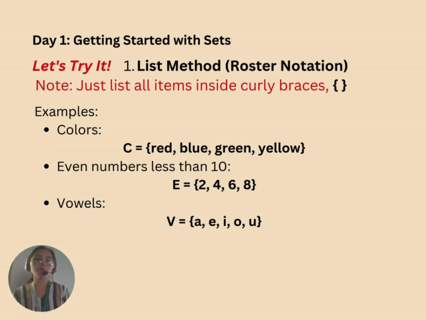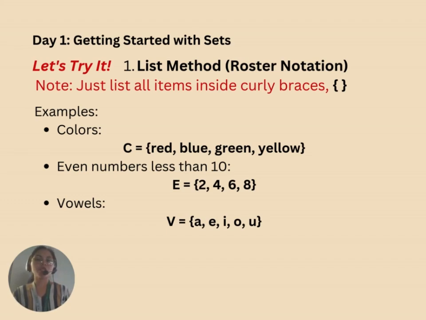Our maximum is 8 since nothing after 8 is less than 10 and even. It's only until 8 because 9 is odd, so it's not included. These are the numbers included based on the condition or pattern being asked.